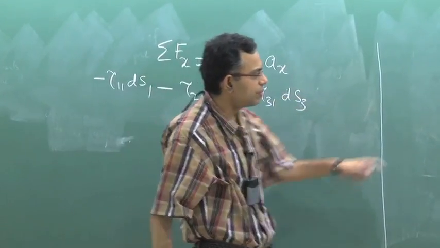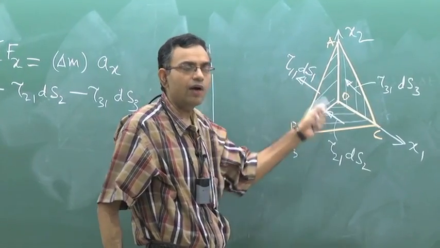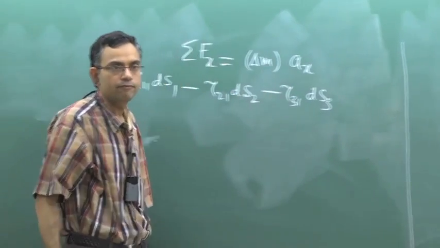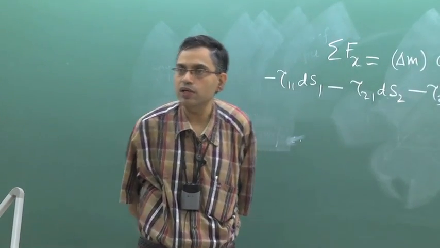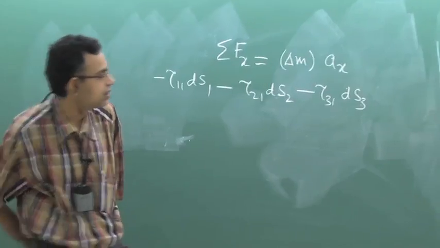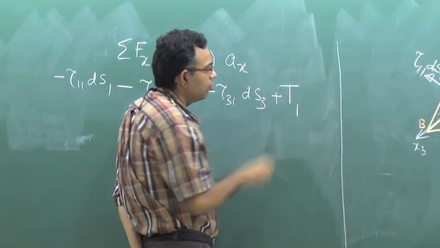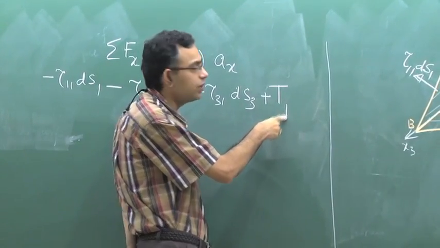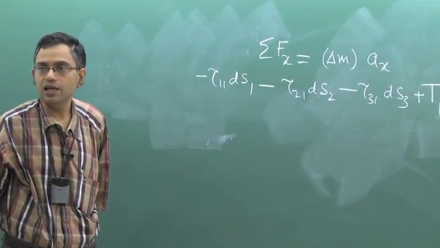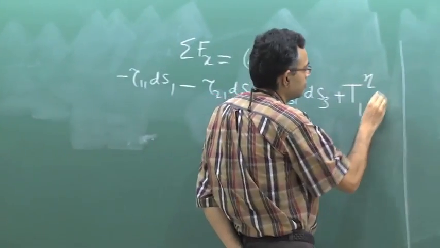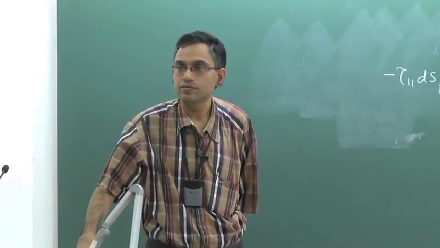So these three surfaces we have represented. The fourth surface ABC, how will we represent the force on ABC? We will use the traction vector notation because it is an arbitrarily oriented surface. So plus T with subscript 1 because this is the component of the force, and eta superscript which is the direction normal, into ds. ds is the area of ABC.